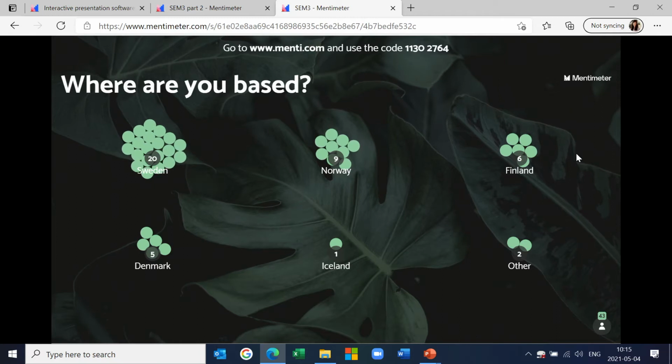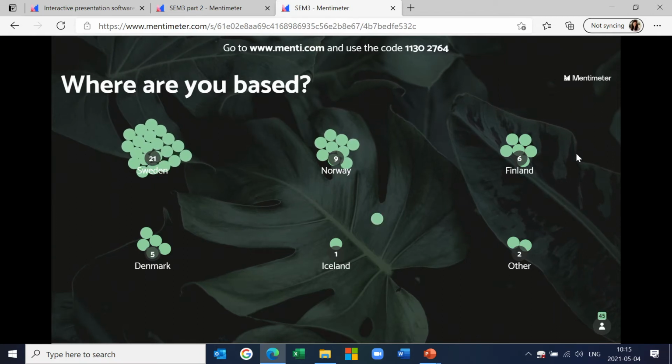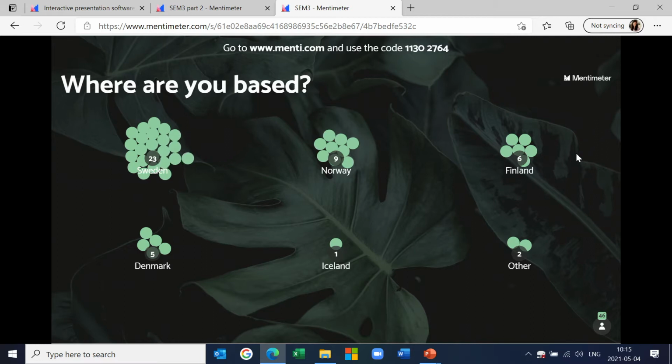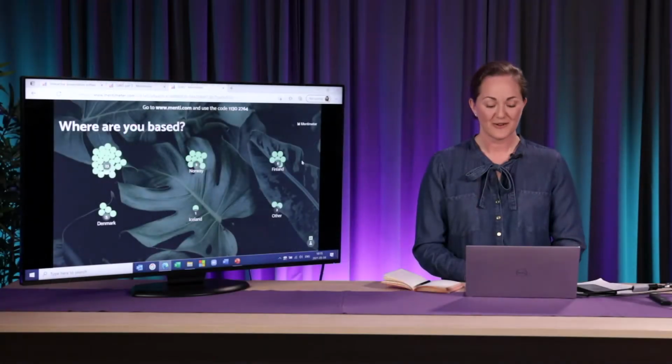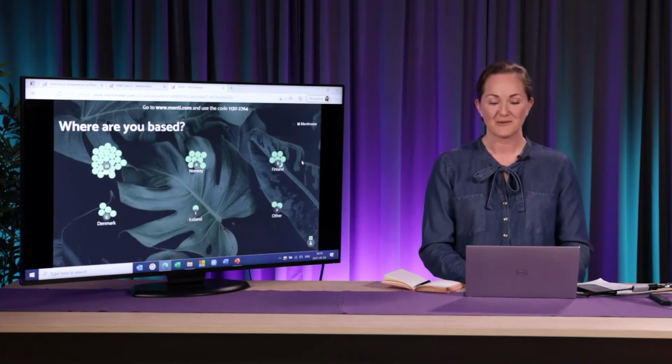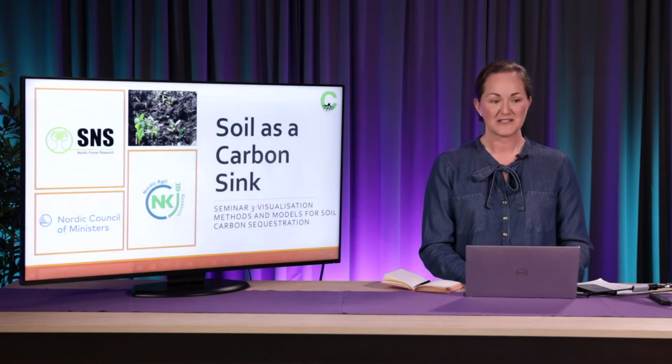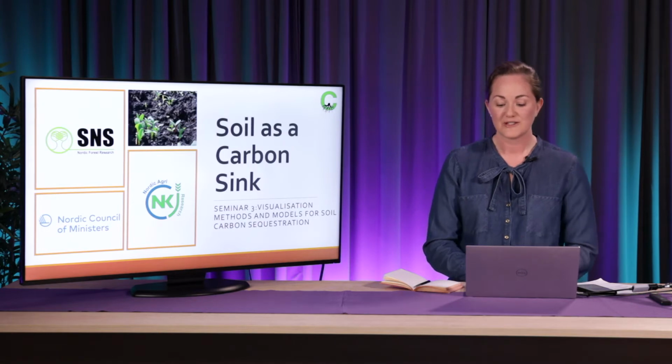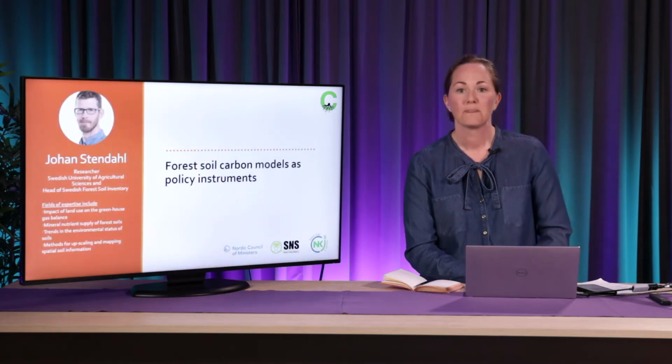I could see in the participation list that I think we have some from Latvia and some other Baltic states perhaps. Okay, thank you so much for that. So now we have a little bit of an idea where you're all from, and I will change back to my presentation and we will kick off with our first speaker for today.